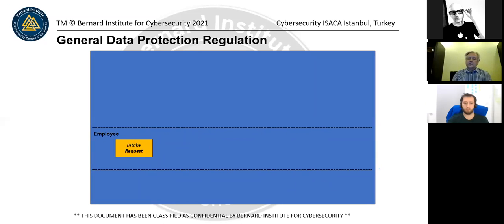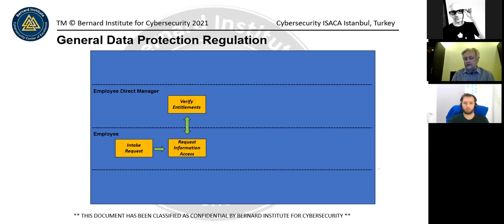I mentioned a workflow. So if you have an information handling practice, and this is what you teach employees, an employee will get a request for personal information, or they'll be handling information, and they'll need to somehow verify any sort of access to that information. So if somebody requests access to personal information, that person should be validating whether or not the person making the request has the authority to access it. So you need to verify entitlements by checking perhaps with their direct report or their direct manager.